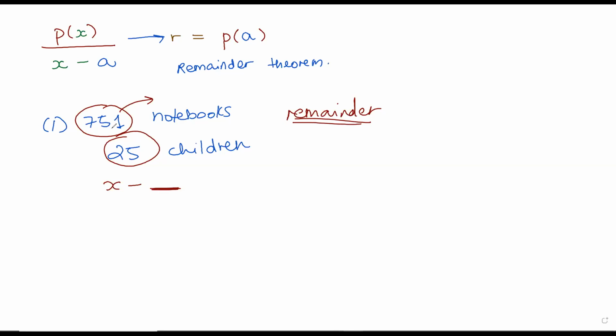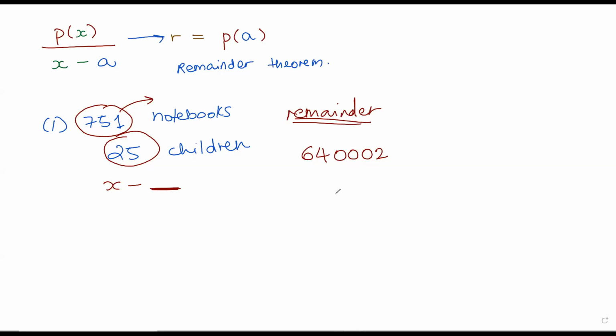Or let's say you have a very huge number like 6,40,002. So let's say you have these many notebooks and the number of kids you have is, I'm sorry, not x minus 8, what am I saying?